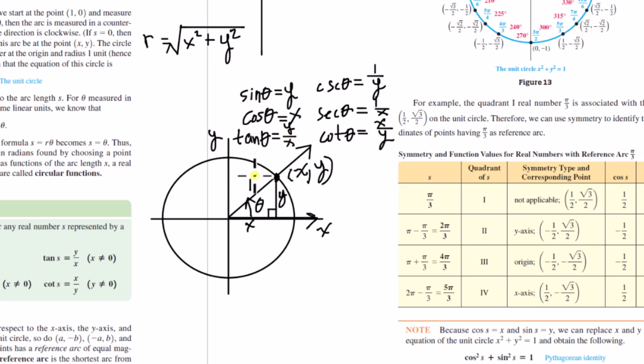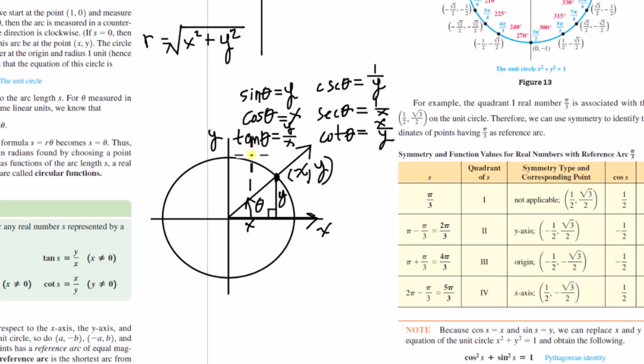In general, that's not the case because if the radius isn't 1, then the cosine is the x value divided by the radius. If this circle's radius was 3, it would be x divided by 3. But since it's 1, this x coordinate is actually equal to the cosine, and this y coordinate is actually equal to the sine.